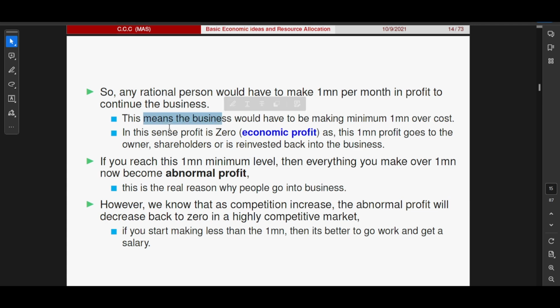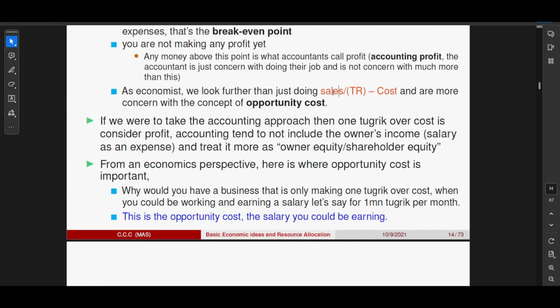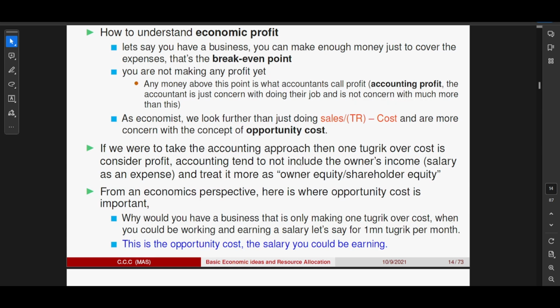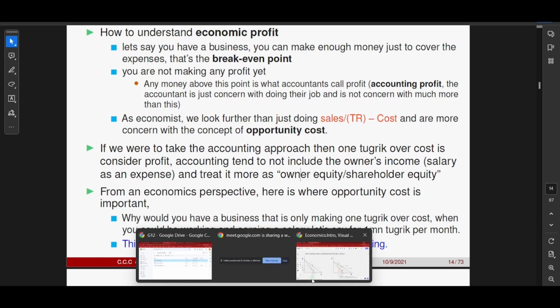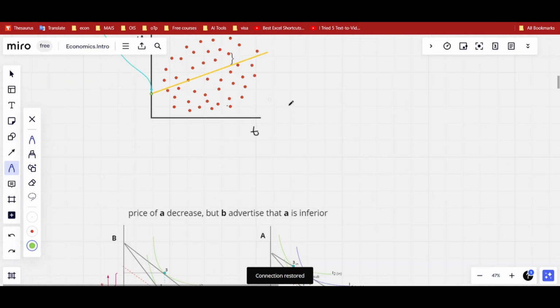So if we did here, right, we say that the profit is equal to what? Total revenue minus cost. We would have to add, I wonder if I have it here. We'd have to add one more thing. Let me see, I might have it here.